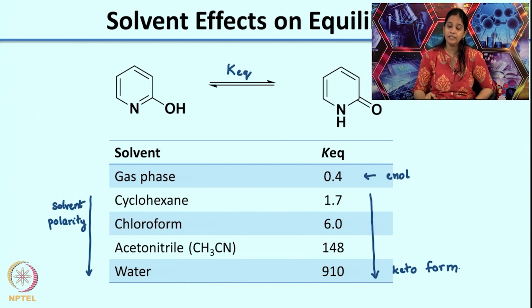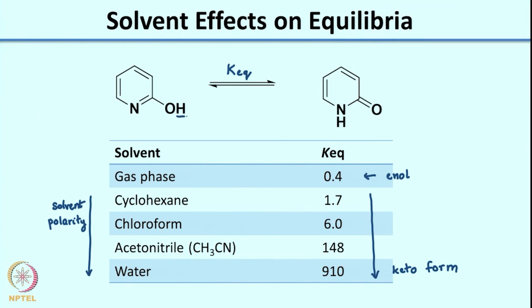So what is seen here is that you have one hydrogen bond donor in the case of the enol form, whereas in the keto form you have a hydrogen bond donor and you also have a hydrogen bond acceptor. So in water, probably the extent of hydrogen bonding is a lot more for the keto form as compared to the enol form.